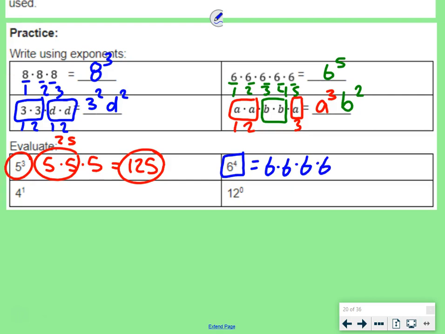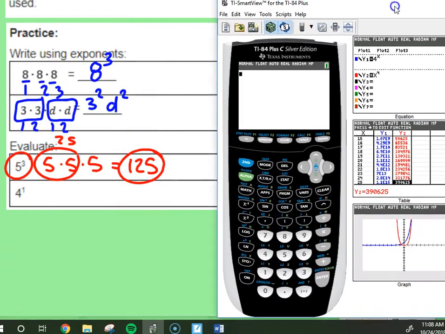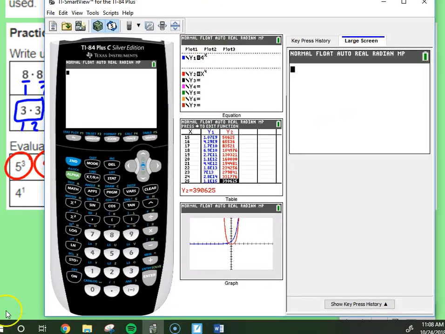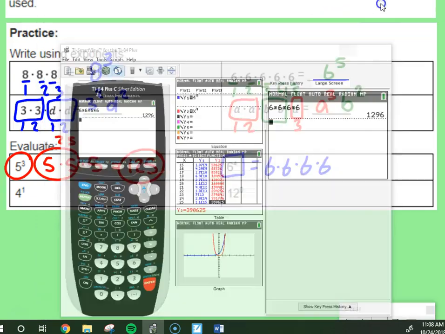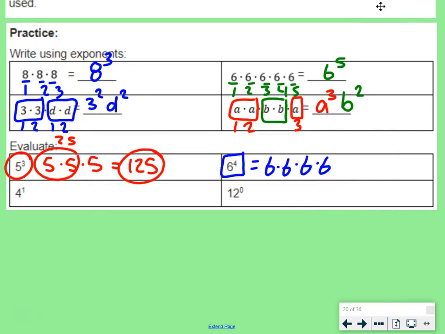So it'd be 6 times 6 times 6 times 6. Now that's a lot of multiplying, so why don't we go ahead and use our calculator. Alright, so we can do 6 times 6 times 6 times 6, and we get 1,296.